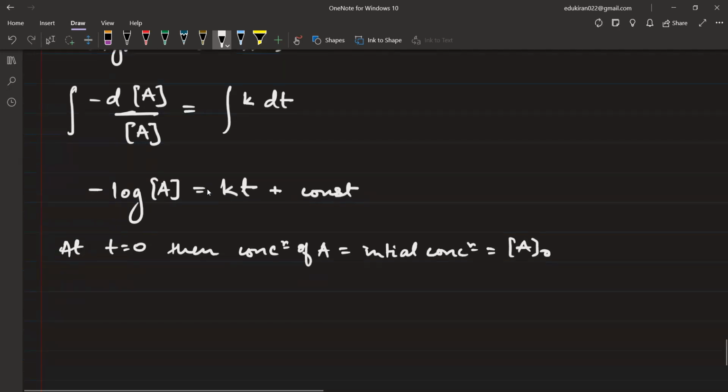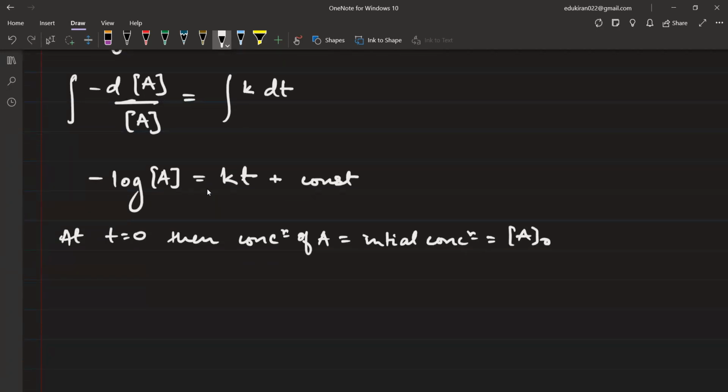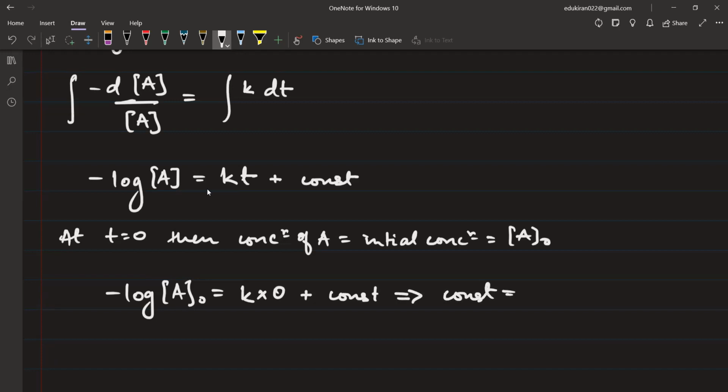So at time 0, the equation becomes minus log of A naught is equal to k into 0 plus constant. This gives the constant as minus log of A naught. This will be my constant.